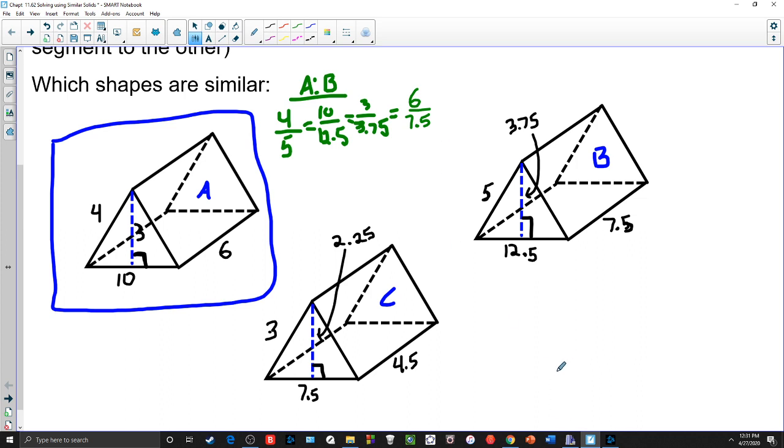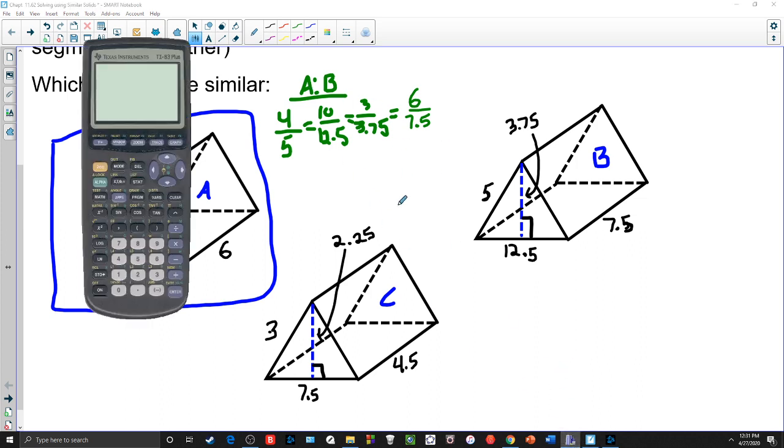So if I want to check if they're similar, that means I need to divide the top and the bottom numbers by each other. And if I get the same decimal in all of them, then they're similar. I could also reduce the fractions, but because I don't want to work with decimals inside fractions and all that mess, I find it easier just to get the decimal by dividing.